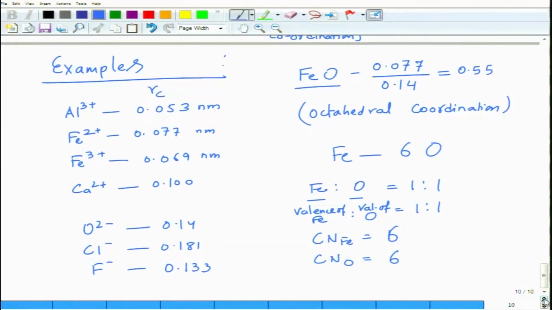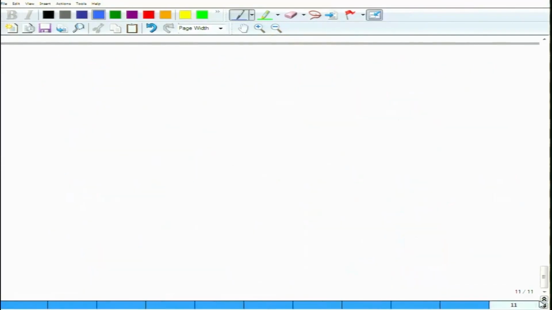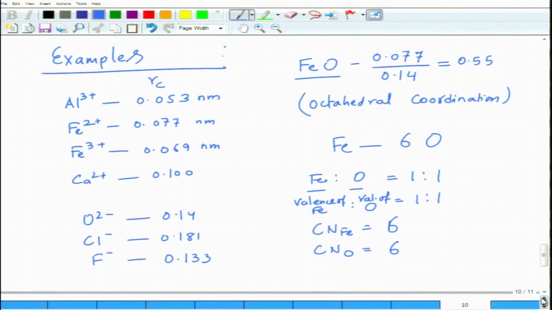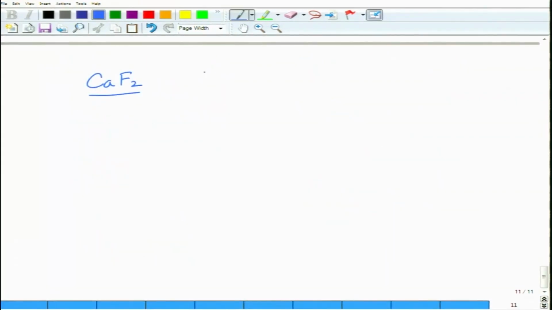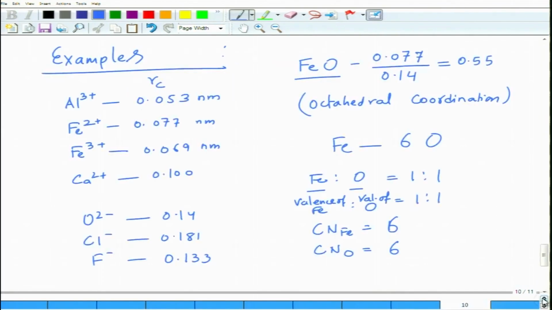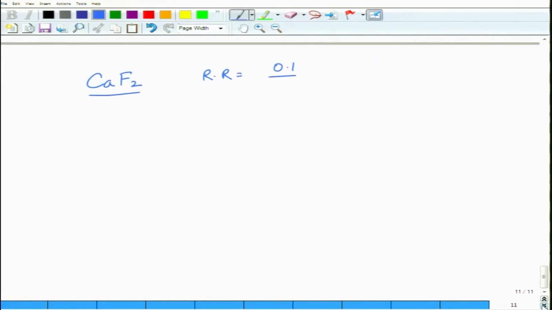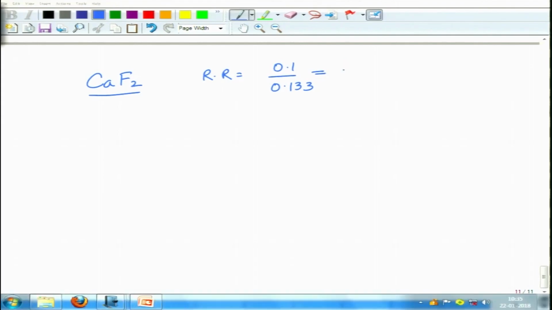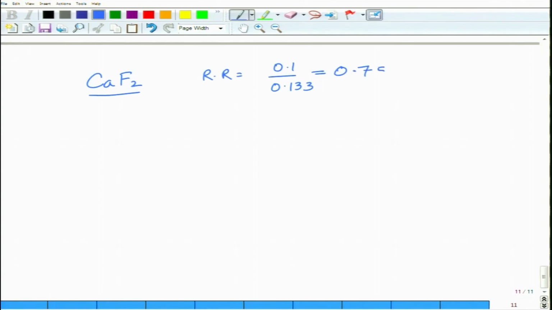You will see, for example, in case of CaF2, calcium has a radius of 0.1, fluorine has a radius of 0.133, and this will make nearly, if I just take a little bit of calculation, 0.75.